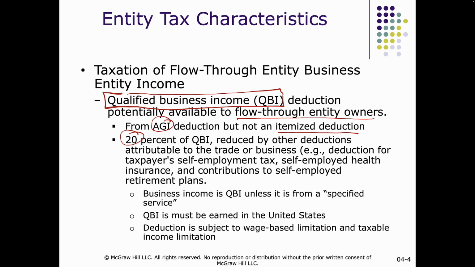For example, you can have deductions for the taxpayer's self-employment tax, self-employment health insurance, or contributions to retirement plans. That business income is qualified business income unless it is a form of specified service. And that qualified business income must be earned in the U.S., and the deduction is subject to wage-based limitations and taxable income limitations.